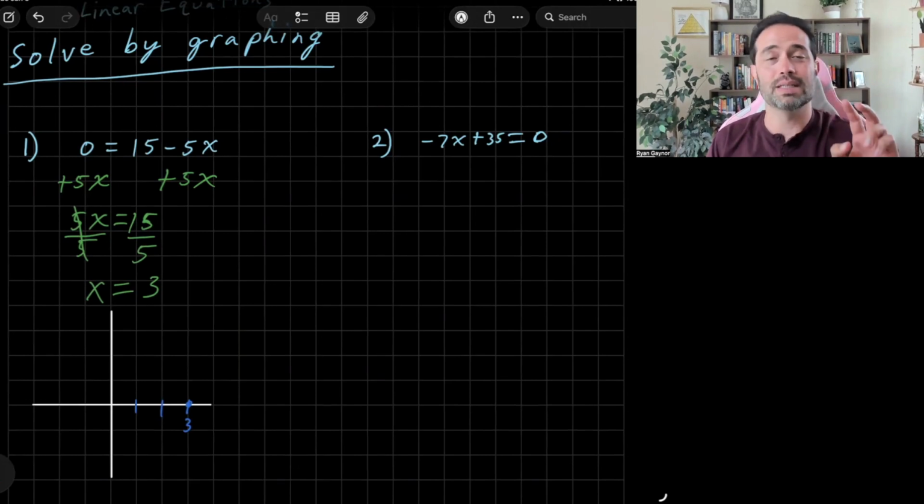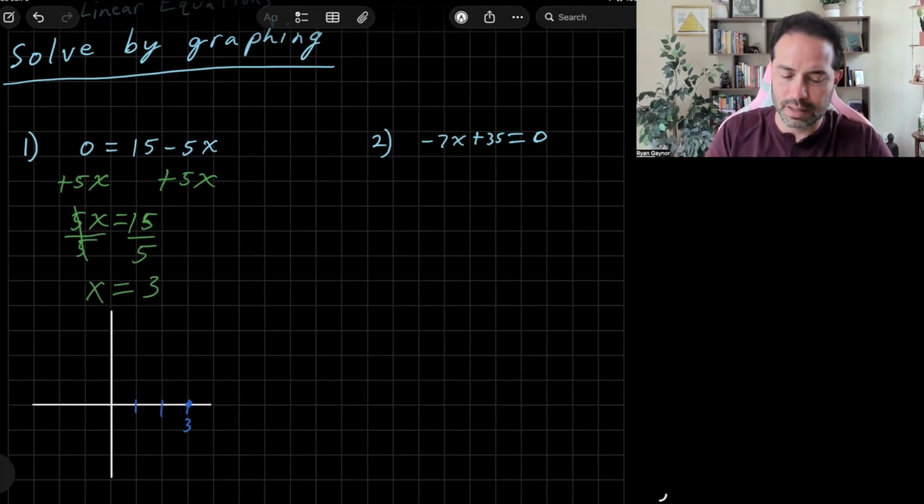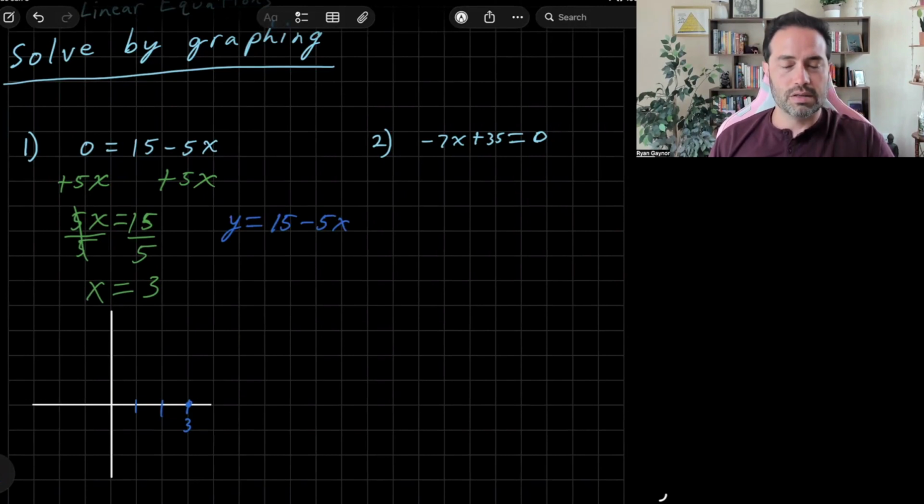Because remember, technically I plugged in 0 for y. So the original equation was y equals 15 minus 5x. So what I could do is just plug in, like, let's say the number 2, right? If I plug in the number 2 for x, right? So we're not doing y anymore.